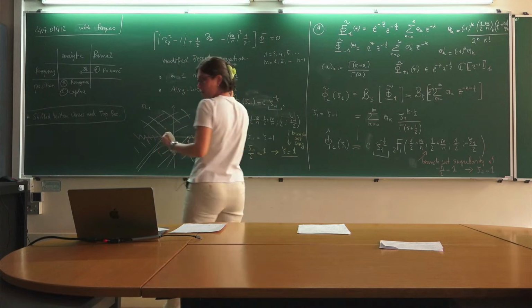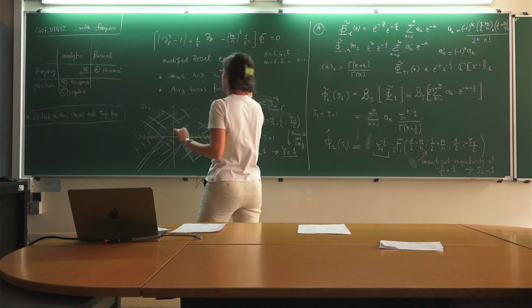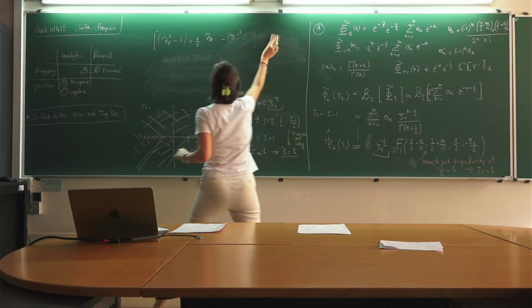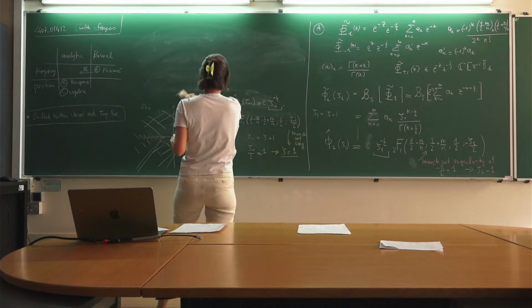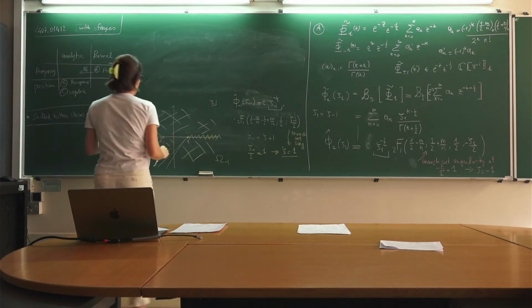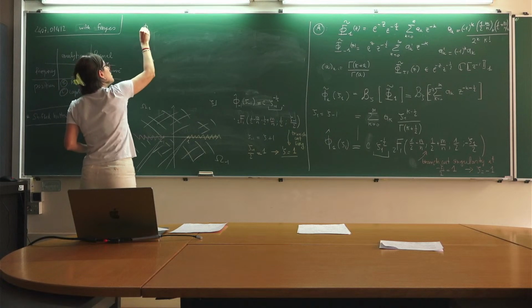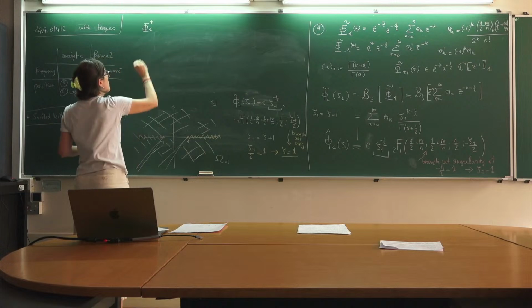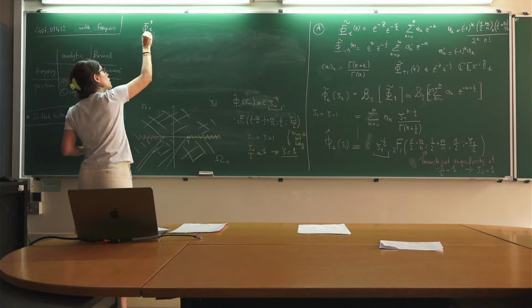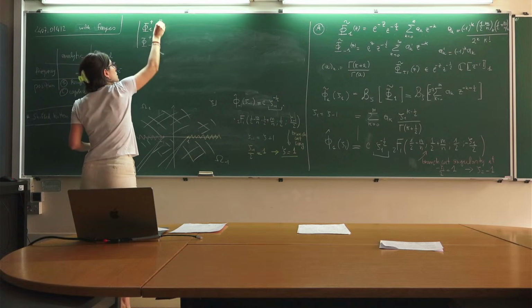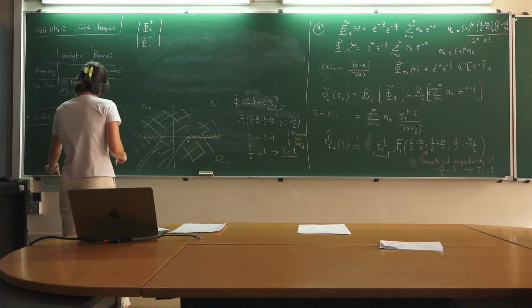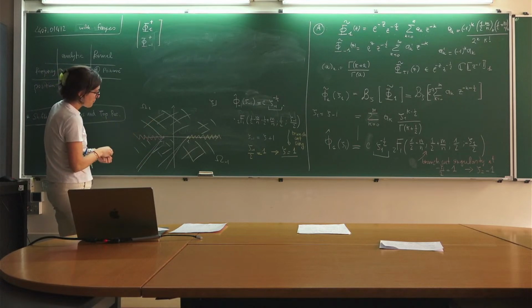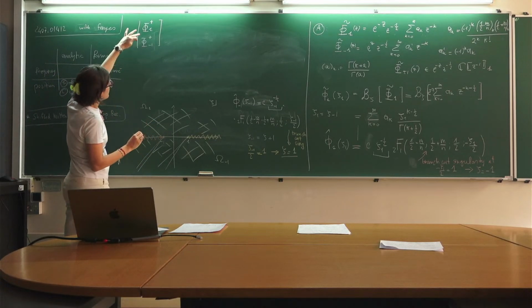So phi 1 plus and phi minus 1 plus. We have to pick two directions in this domain where both are defined.